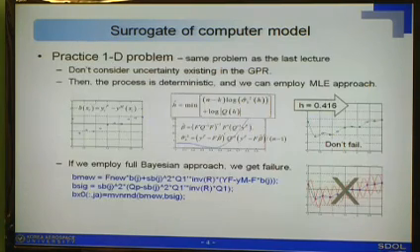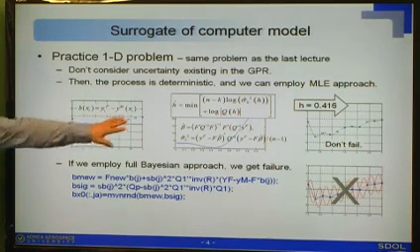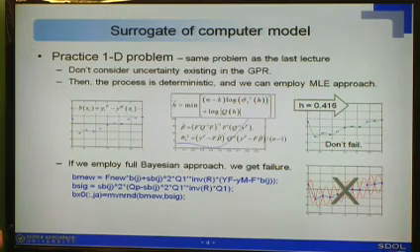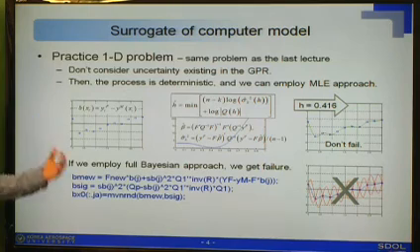The same problem I introduced, we have this set of data. And in this case, we assume that these came from the computer outputs. And we'd like to make a good Gaussian process regression only in a deterministic way.